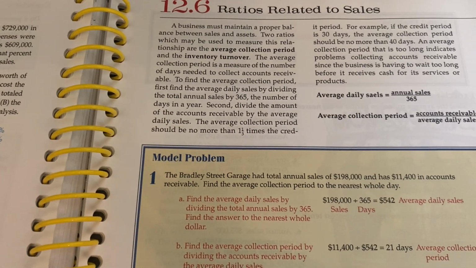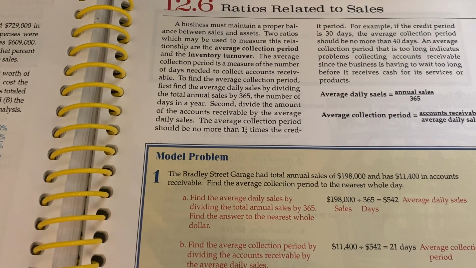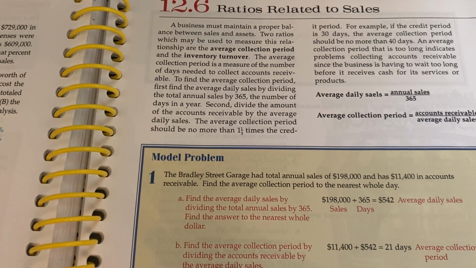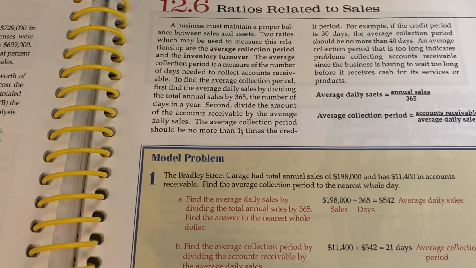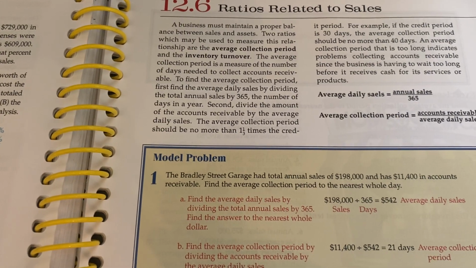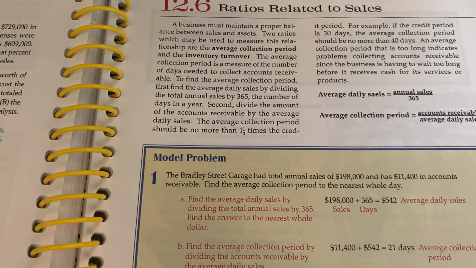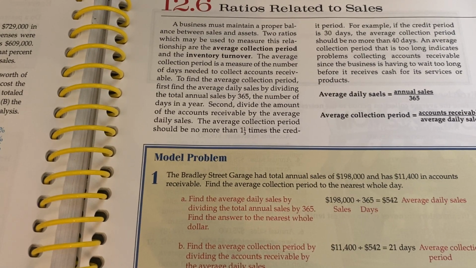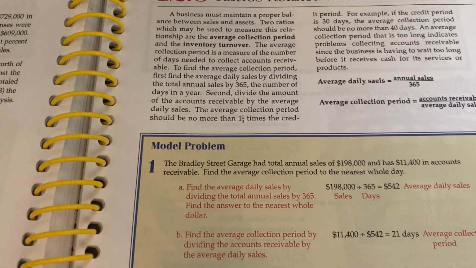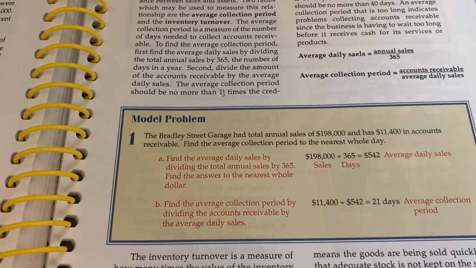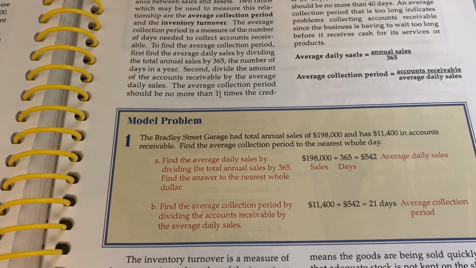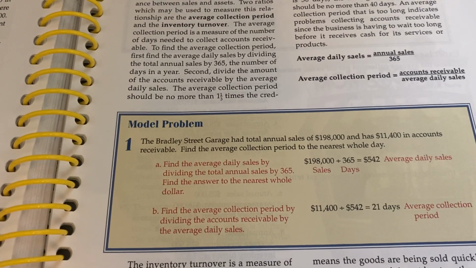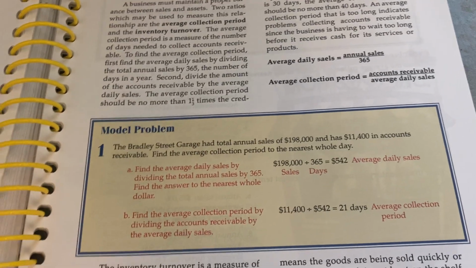Now for your average collection period, you take your accounts receivable and divide them by your average daily sales to see how many days it's taking for you to collect your money, right? Say you're a contractor, a builder, a painter, and you painted somebody, and they're not going to pay you for another 2 months. That means your collection period is too long, that they need to pay sooner than that, right?